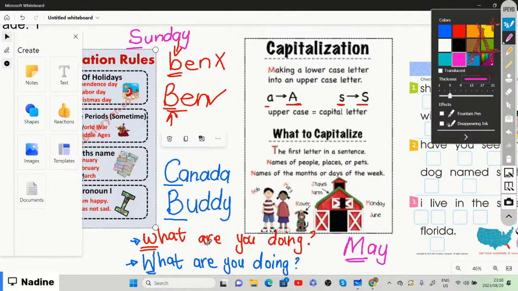Specifically, the first letter of that word or the first letter of a sentence. We do not capitalize the whole word, only the first letter of the name, days of the week, name of a pet, months of the year, place, and so forth.